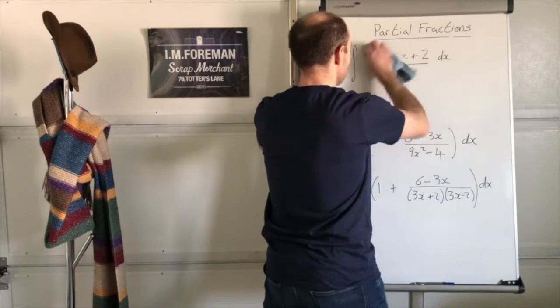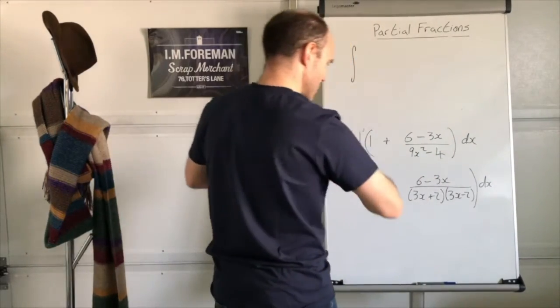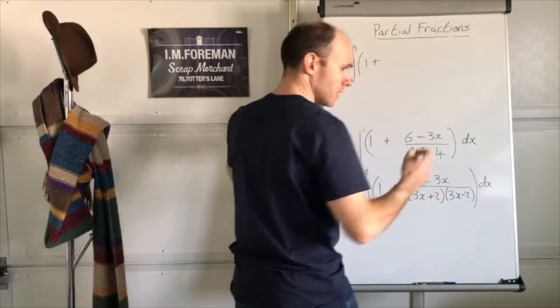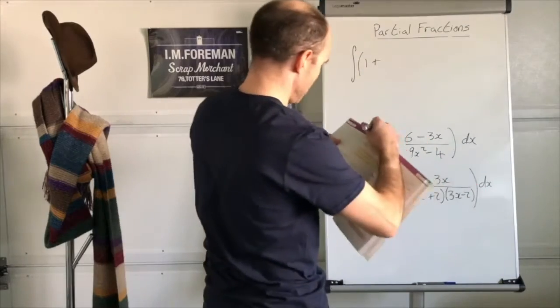Right. So at the top here, before I rub it off, I'm going to write down what the actual integral is. So the integral of 1 plus the partial fraction bit.